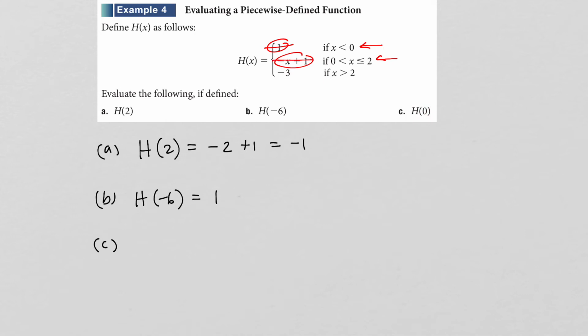So no, we don't use that. And finally, we can't use this one either, because if x is bigger than 2, it can't be 0. So what this tells you is this definition of a function does not prescribe a function value for when x is 0. So what we would say here is that h of 0 is undefined, right? Because there's no part of the function that accounts for the value when x is 0.